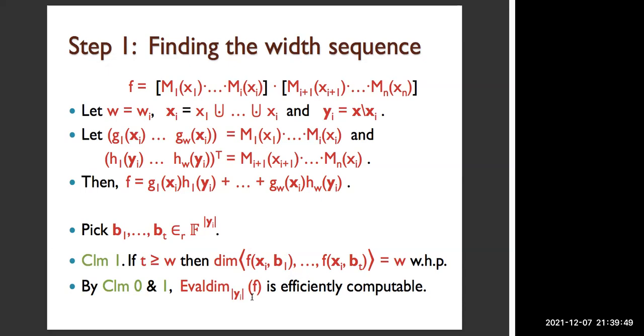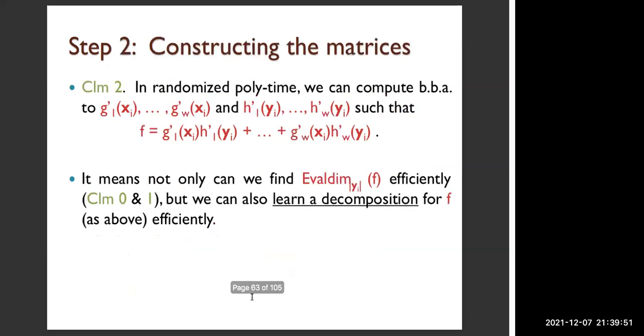Okay, so now let's do the more interesting part, the learning part, which is step 2. Now that I know the width sequence, how do I construct the matrices M1, M2, M3 one by one? That's because of another claim, which is claim 2, which I'm going to use repeatedly in this learning process.